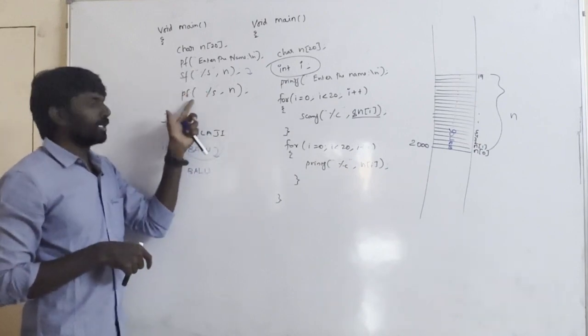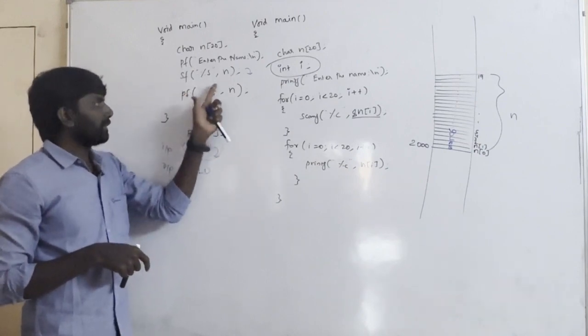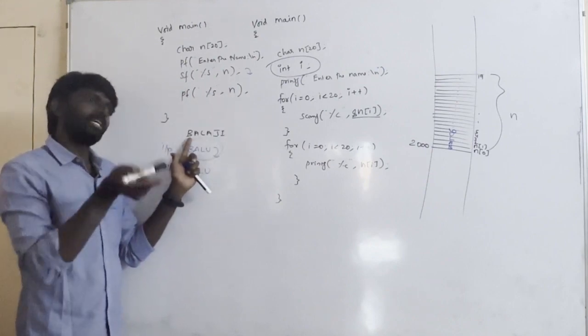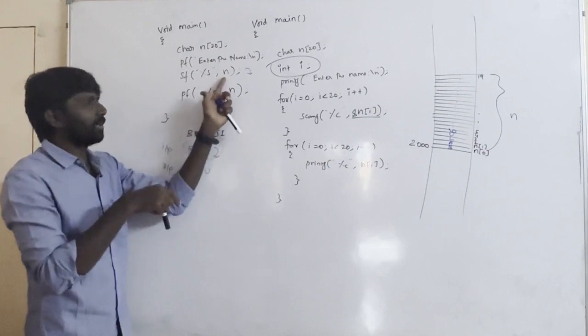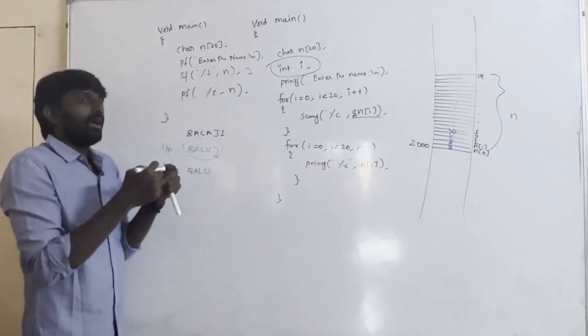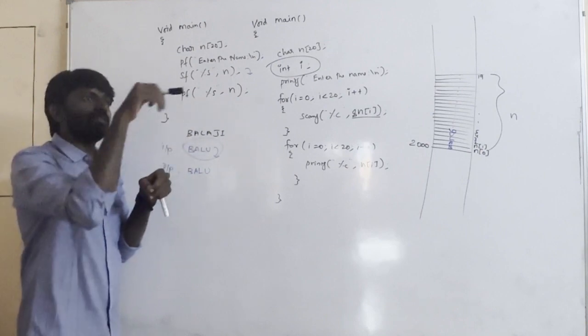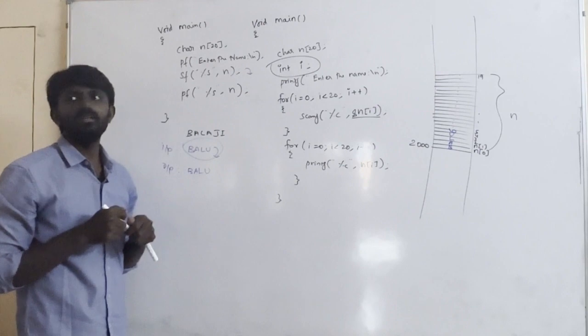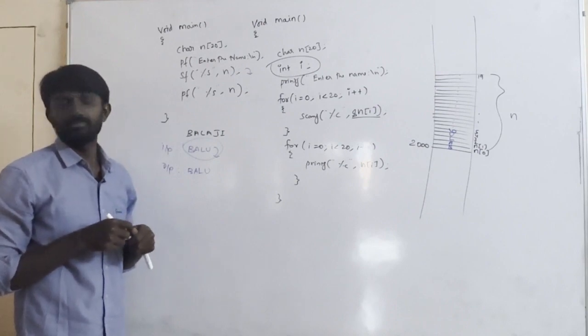And when it comes to printf with %s, still you are giving the base address only. In the previous case also, while scanning you give the base address, and while printing you give the base address. But how will the printf identify where to stop printing? That's where this \0 helps. Clear, everybody?